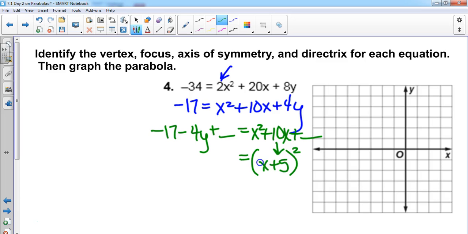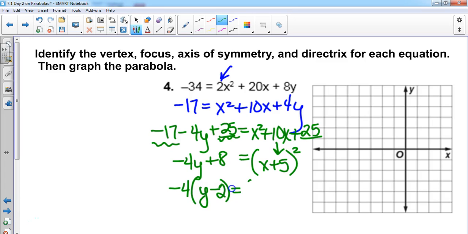X plus 5, so our blank gets a 25. And we have a negative 4y, negative 17 plus 25 is plus 8. What do we want to factor out? A negative 4, yeah. Make sure you take out so that you get a positive y. So that leaves y minus 2, yes?